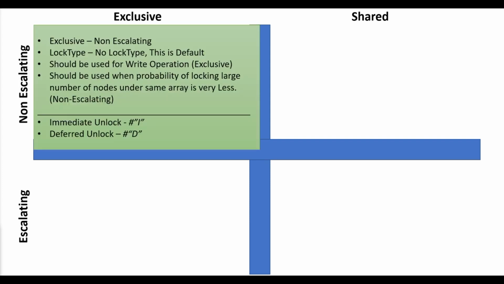First pair is exclusive non-escalating. This is the default pair, so we don't have to specify anything in lock type. Since this is exclusive, it should be used only where you are performing a write operation, that is updating or inserting a new record in a global.